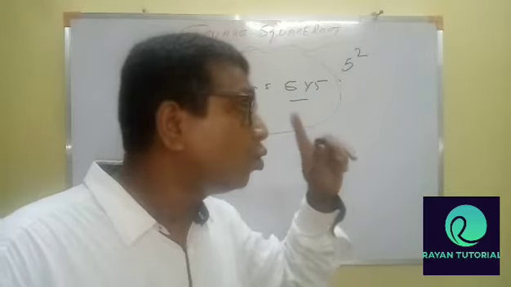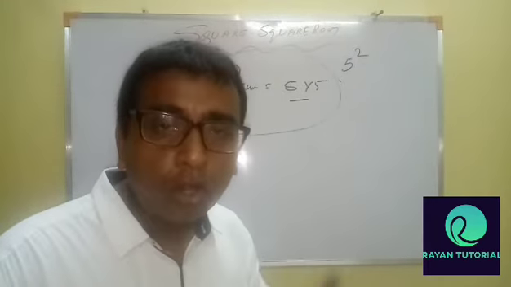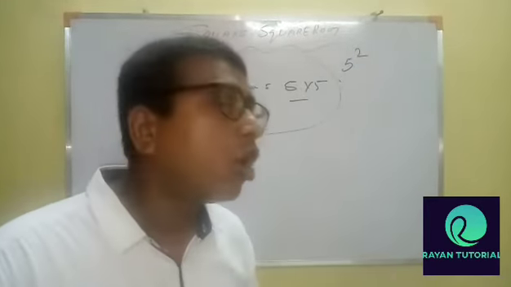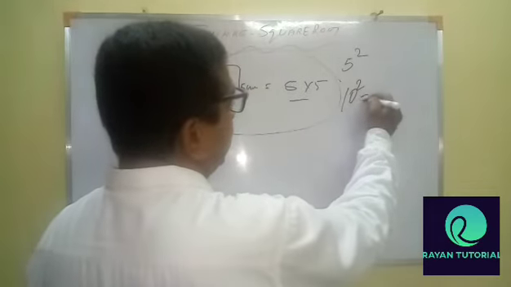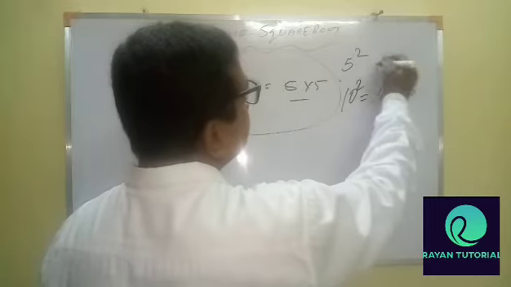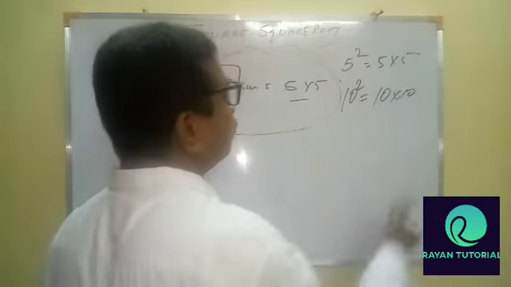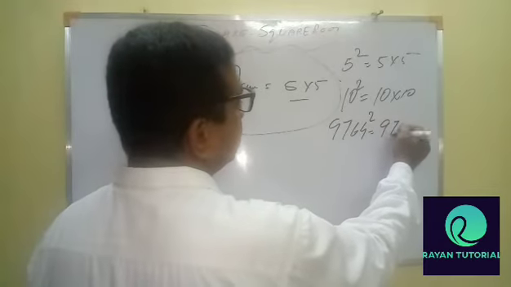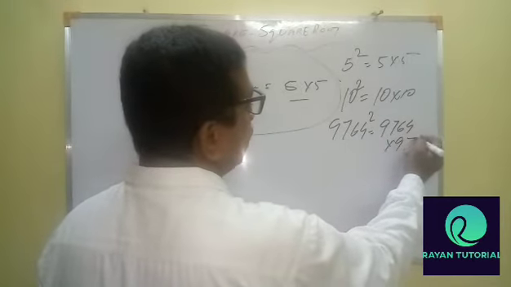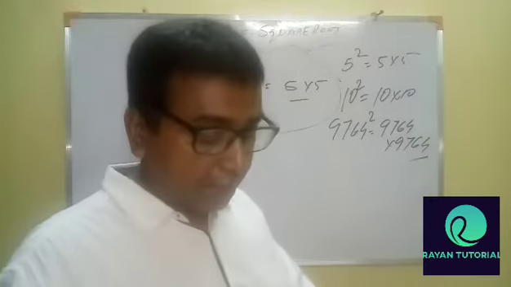Square is whose power is 2, or whose index is 2, or whose exponent is 2. Say suppose if I say 10 square, that means 10 into 10. 5 square, 5 into 5, 9764 square is 9764 into 9764. Clear?